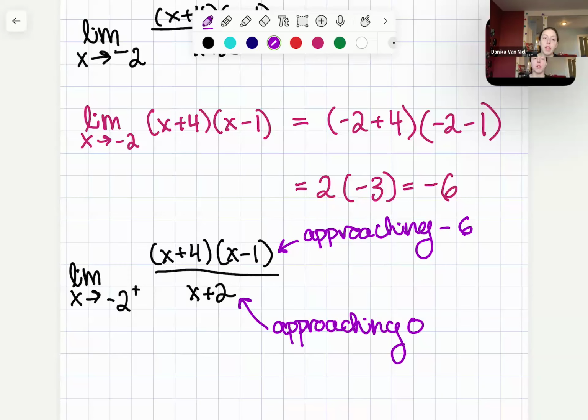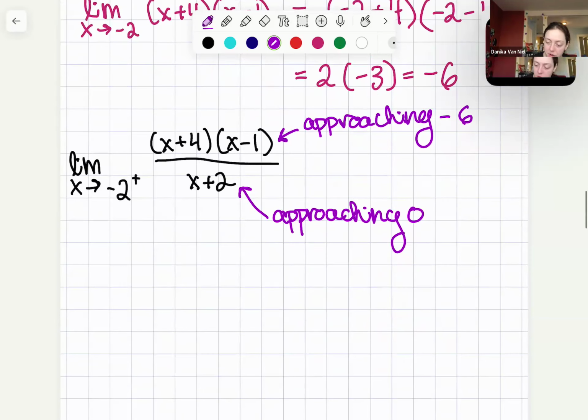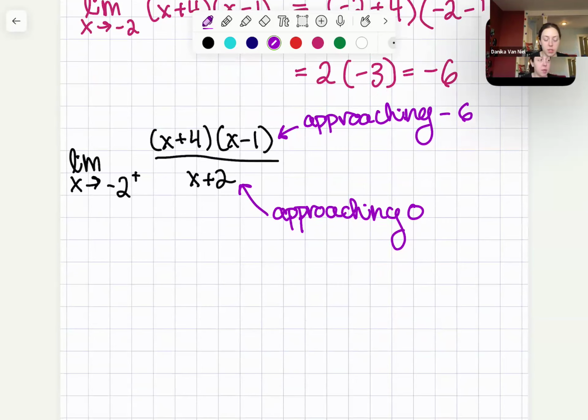So we're a little bit bigger than -2, but remember, bigger than -2 means like -1.9. You don't have to do this, but definitely in the beginning, I think it helps. I kept doing it even after I started getting better at this stuff.